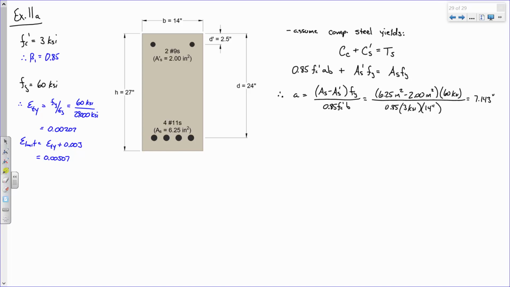So C equals A over beta 1, 7.143 over 0.85, which is what? 8.4.